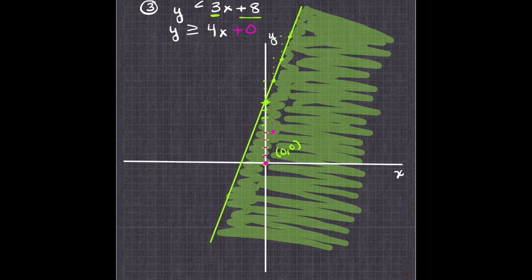This is interesting because it's tricky here to get my dots connected.